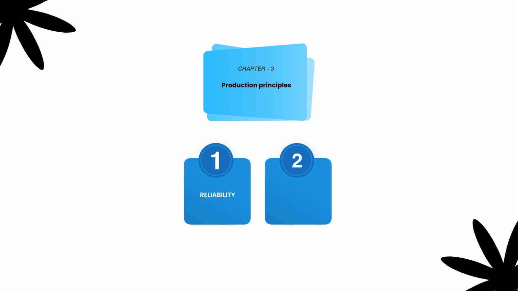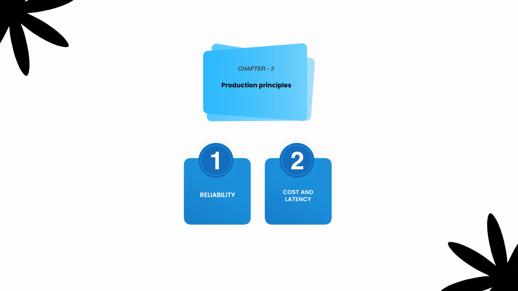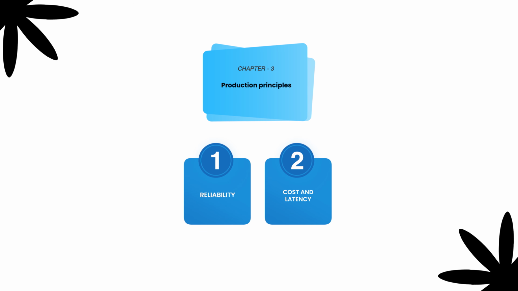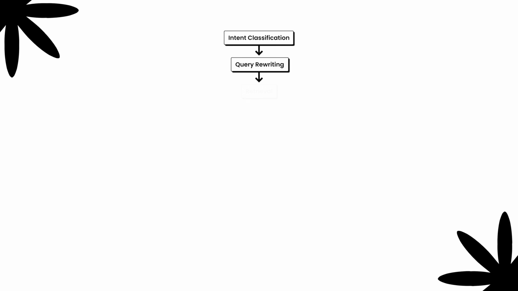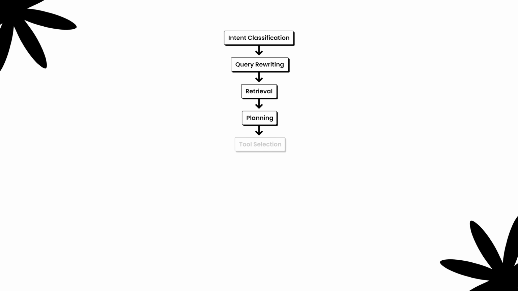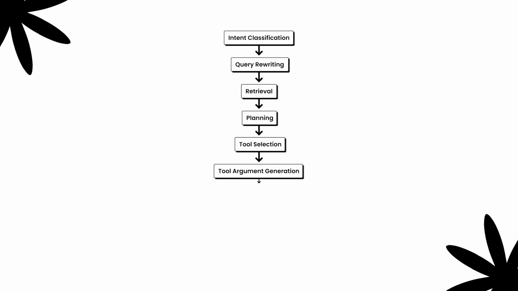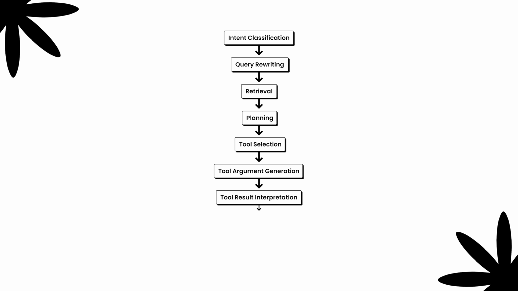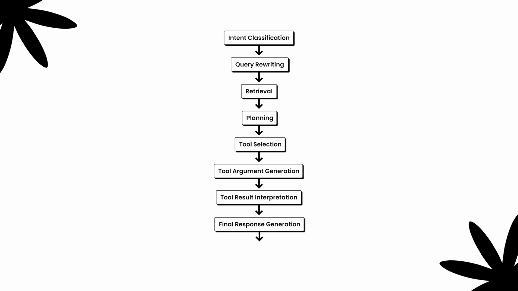Now, the next thing that you need to take care of is cost and latency. Both cost and latency need to be designed together because agentic systems often involve multiple model calls per user request. A single interaction might include intent classification, query rewriting, retrieval, planning, tool selection, tool argument generation, tool result interpretation, final response generation, and evaluation.